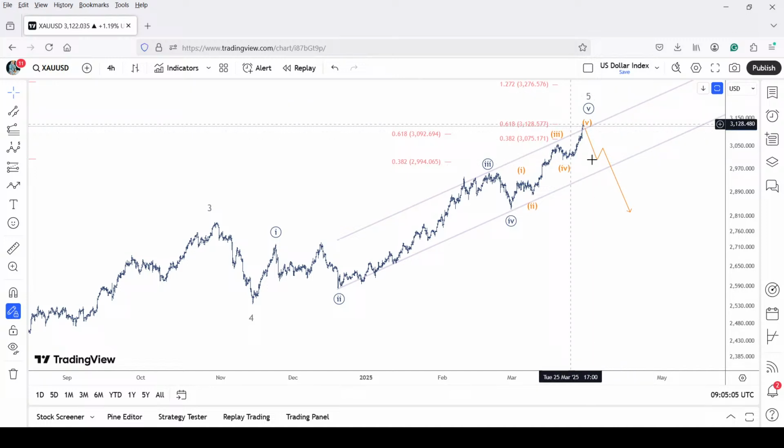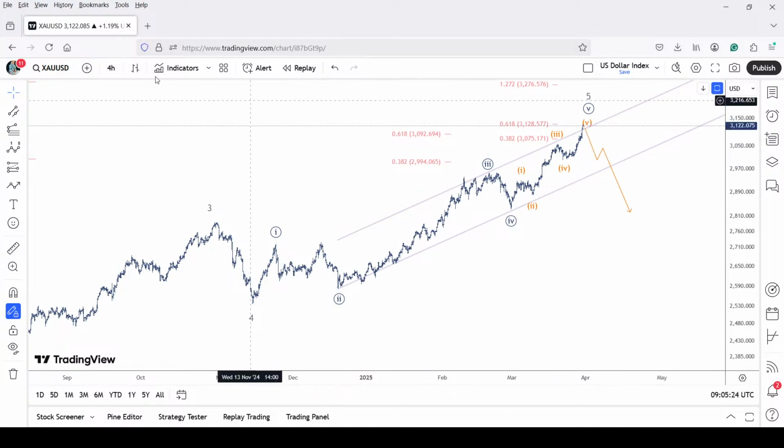So maybe one more high could be adjusted. Otherwise, I can see minute wave 3 also subdividing into 5 waves, so no problems there.